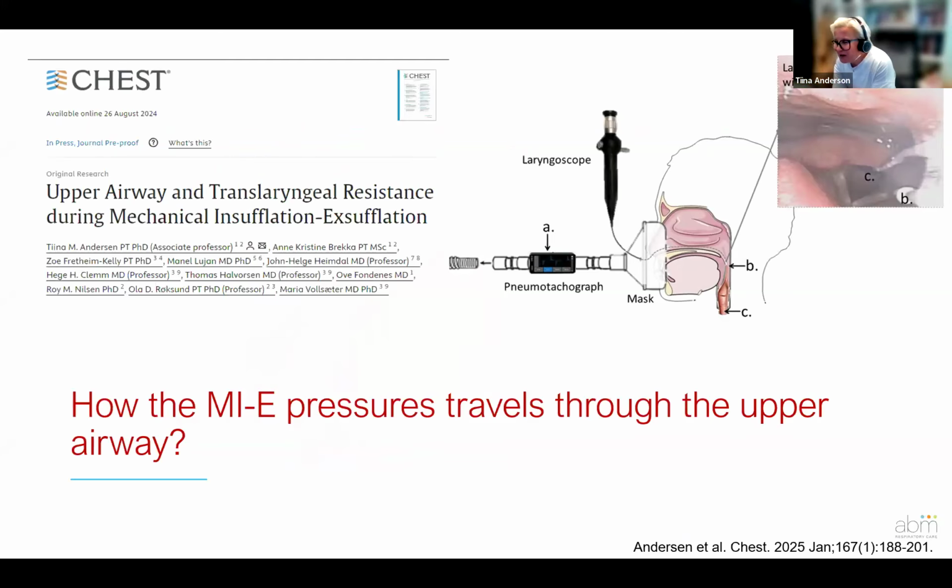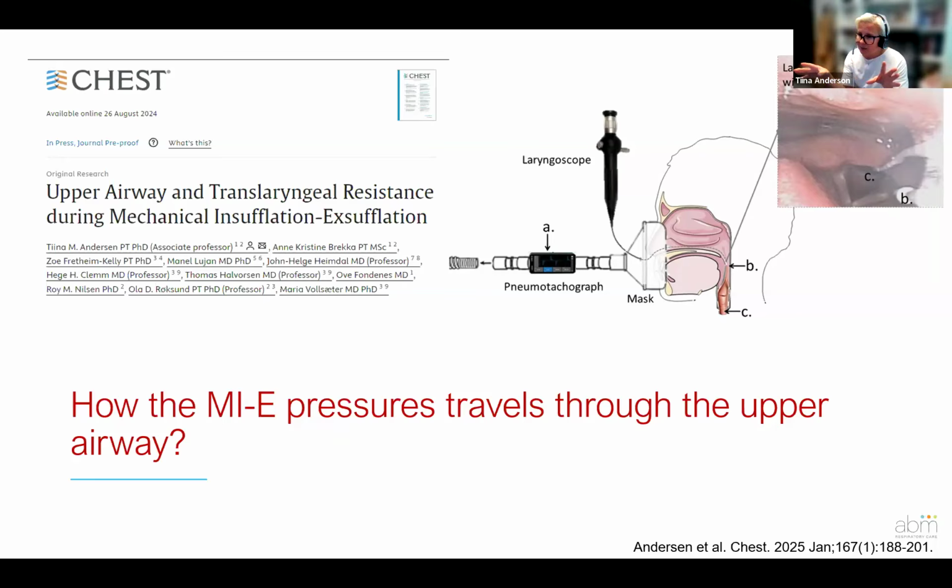More recently, we have also performed another physiological study with healthy volunteers. Here we examined 10 participants, which was mainly our research group. And we used this fiber optic laryngoscopy with the working channel. And we applied small pressure catheters through the working channel and placed one in the trachea, one at the epiglottis, and then we had a pneumotachograph near the mask, which also registered the mask pressure and also the flow.